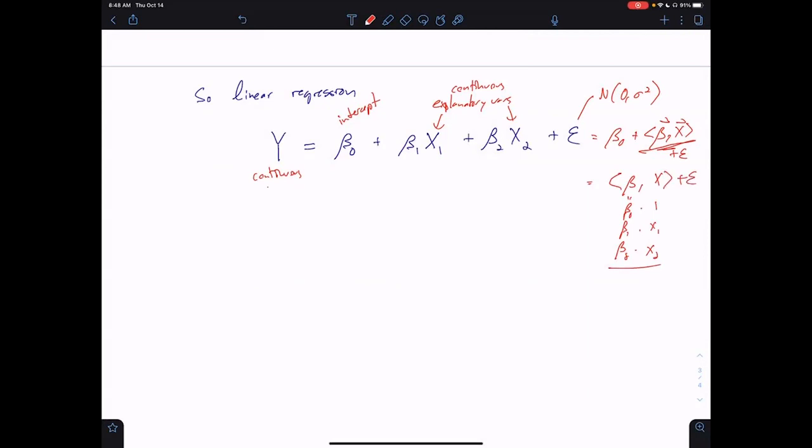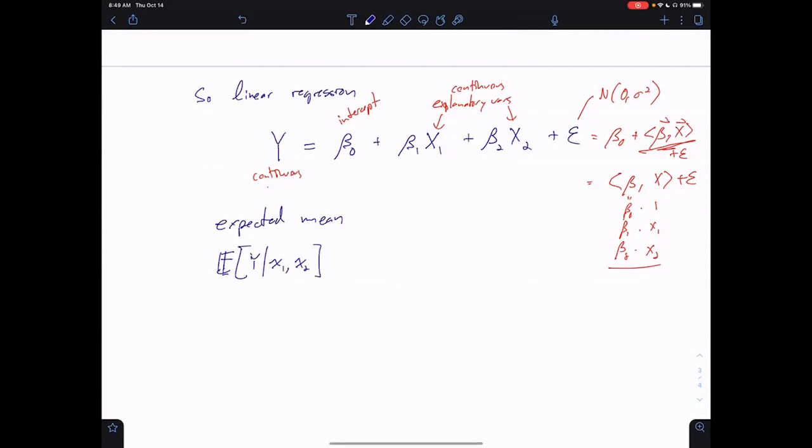Okay. And this thing has an expected mean, what we expect the y value to be. That is the expectation. My bold E there just means expectation of the y value. And now I'm going to write lowercase values for x to mean the actual realizations of the variables rather than the random variables.